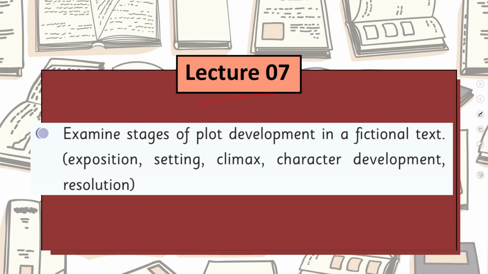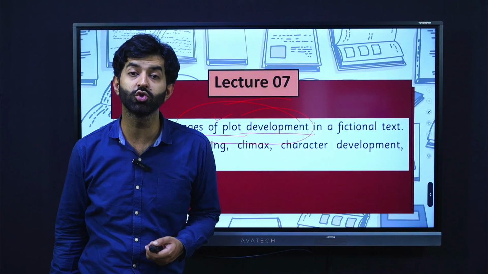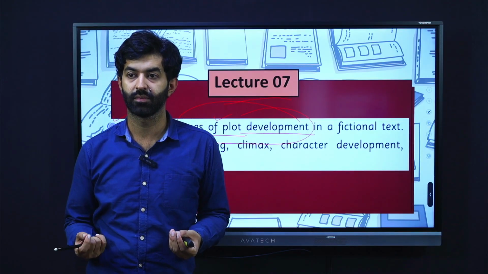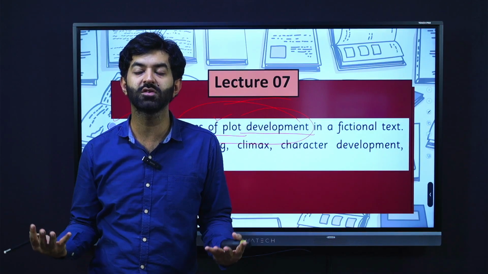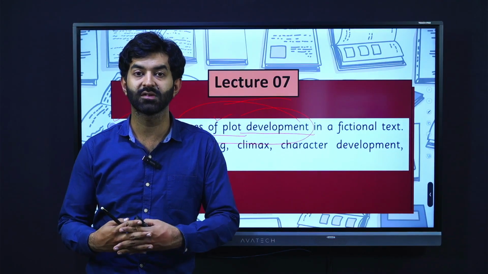Now, for the next lecture, we have to examine the stages of plot development. We have already done this in one of the previous lectures, actually more than one. So you are aware of the stages of plot in a fictional text. Now, students, I want you to find a story, because a story has all these elements and it has a plot.